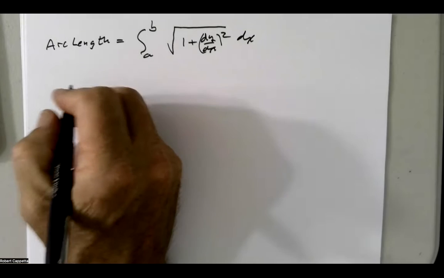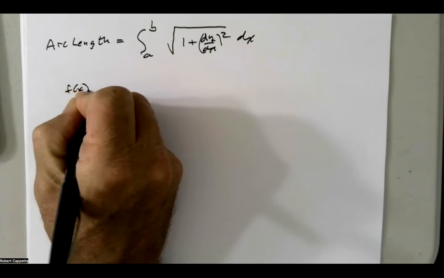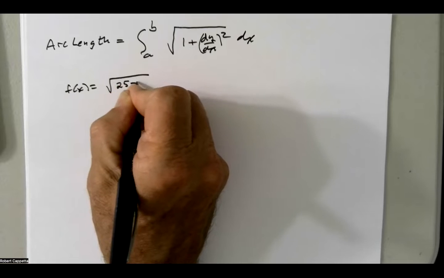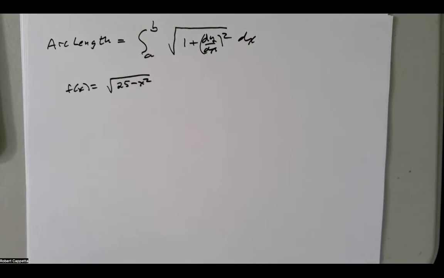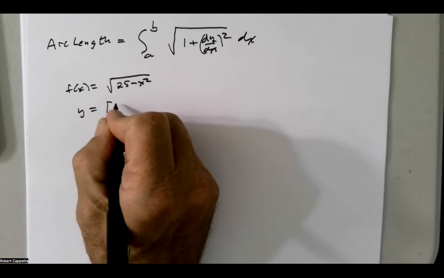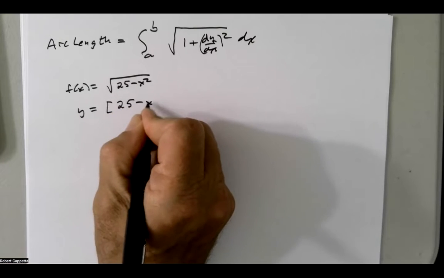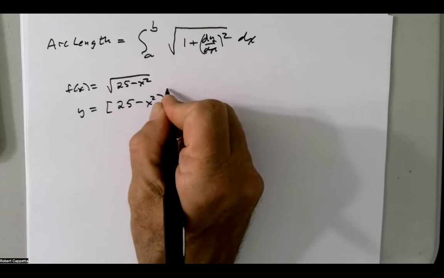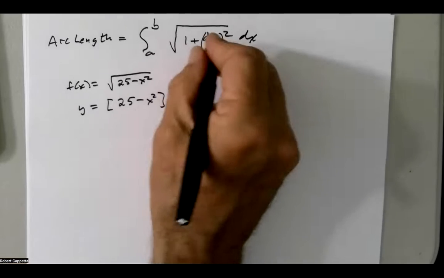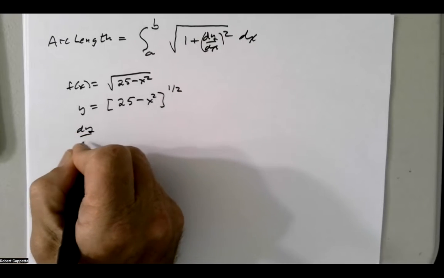Now, what was our function? It was f of x equals the square root of 25 minus x squared. So that would be the same thing as saying y equals (25 minus x squared) to the 1/2 power. In which case, what is dy/dx, which I will need for this?